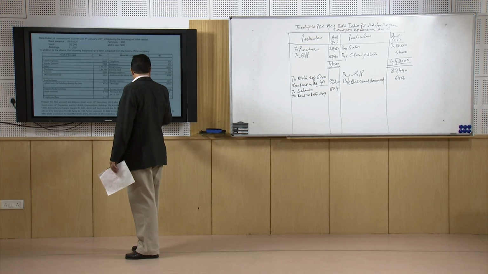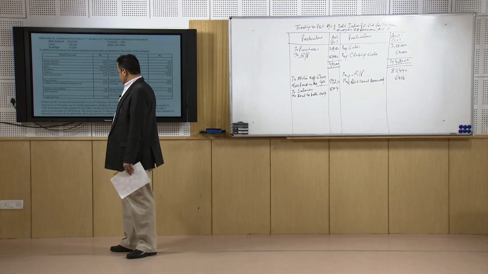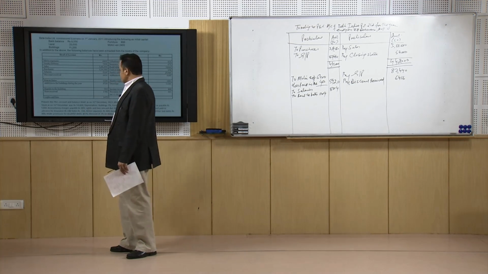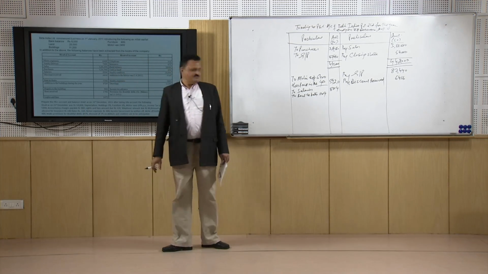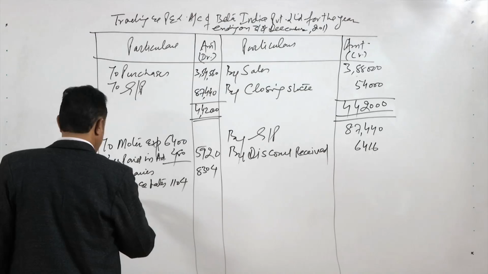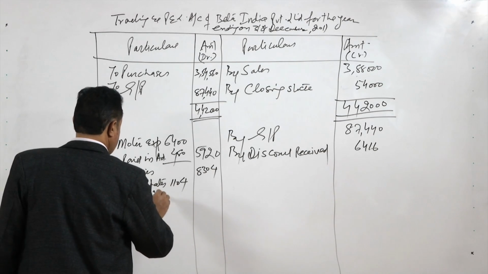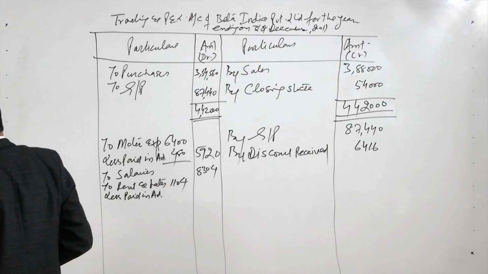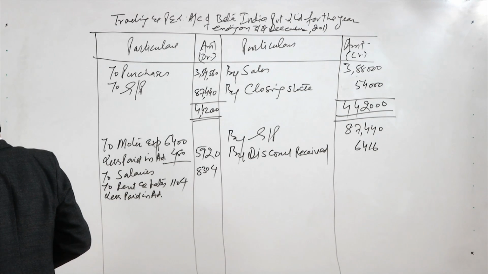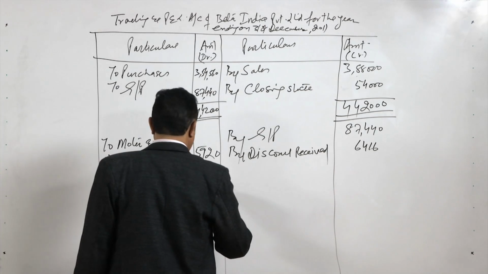Yes, the amount paid in advance for insurance is 240, and for rates it is 160. So it is less paid in advance. How much amount is paid in advance for the rates? 160. So if you subtract the 160, how much are we left with?